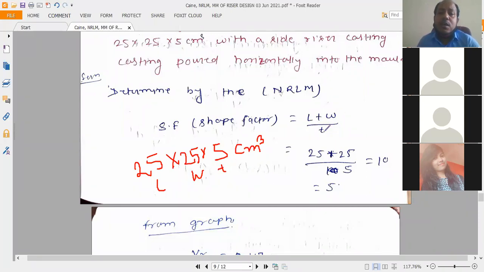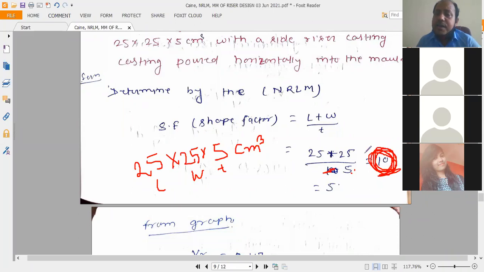So L plus W by T means 25 plus 25 divided by 5. 25 by 5 is 5, plus 5... 50 divided by 5 is 10. So 10 is the shape factor.